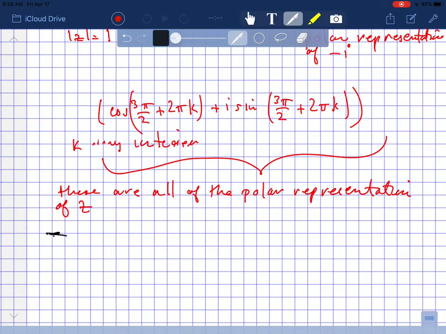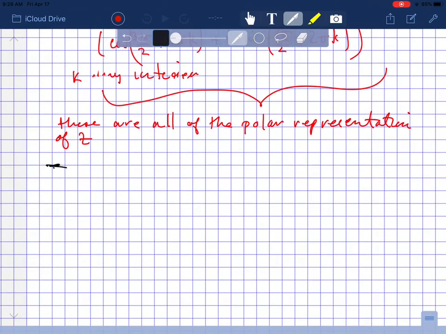All right. Let's see what happens if we have two polar representations of two complex numbers. So suppose I have Z1 is equal to R sub 1, so R sub 1 happens to be positive, times the cosine of theta sub 1 plus I times the sine of theta sub 1.